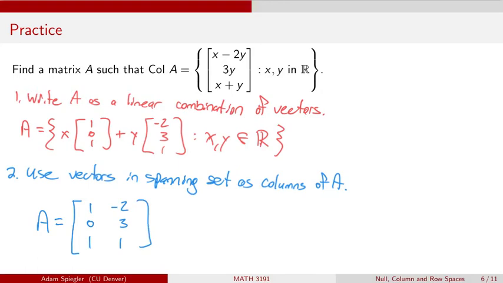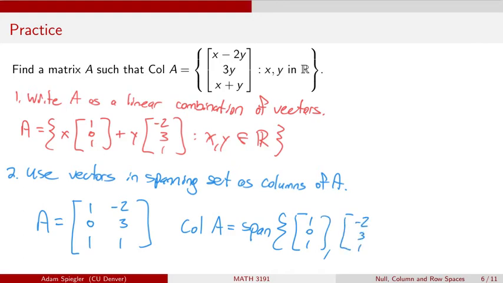And we can see here that the column space of A would equal the span of these two column vectors, right, which is exactly equivalent to the set that we started with.